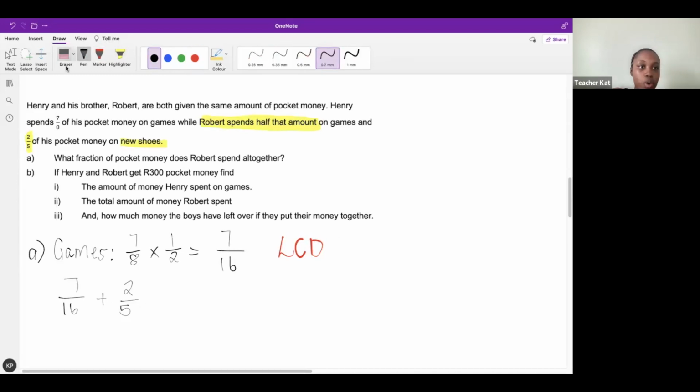Okay, so we want a denominator of 80. So what do I times 16 by to get to 80? Nice, by 5. And what do I times 5 by to get to 80?